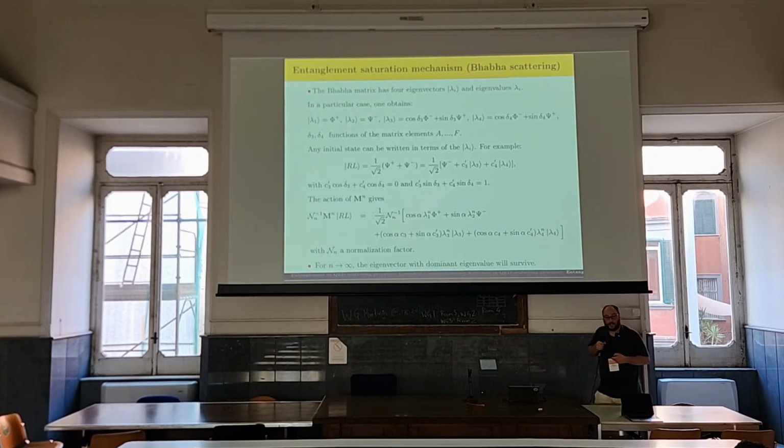The eigenvalues correspond to the eigenvectors of that matrix, and the eigenvectors are Bell states or combinations of Bell states. And when you do n scatterings with n arbitrarily large, the eigenvalue that dominates will be the eigenvalue that has our maximally entangled states as eigenvectors.